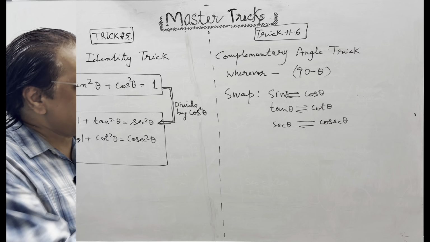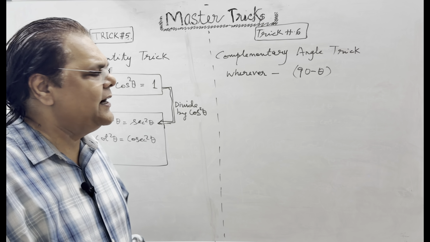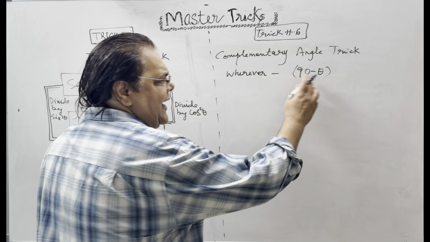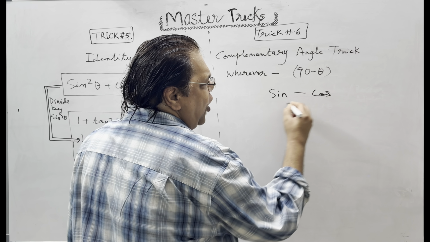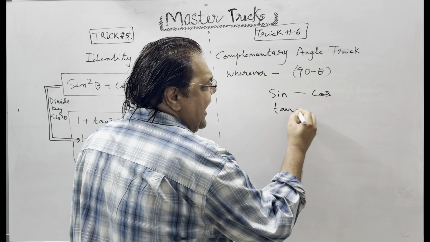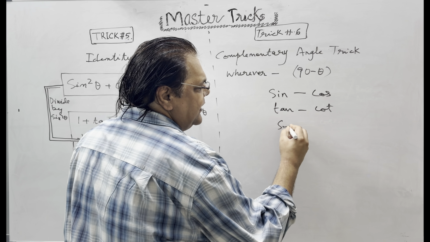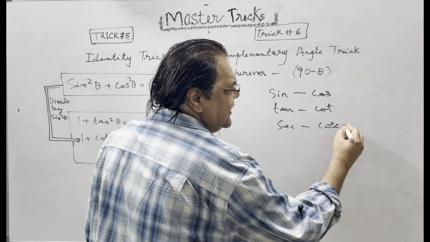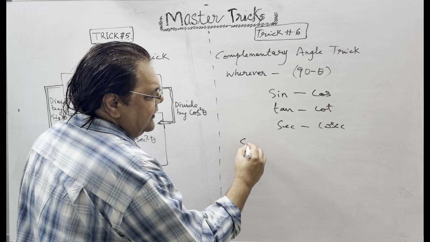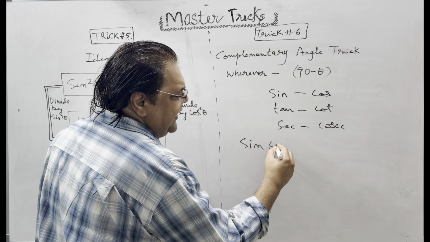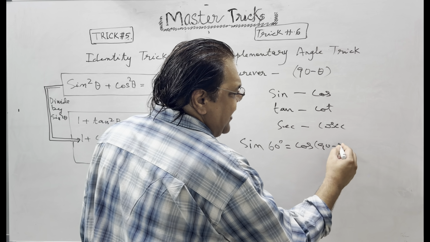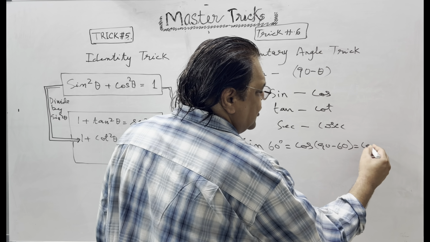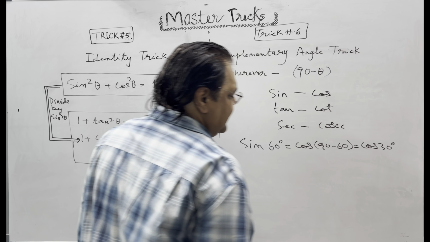Trick number 6, complementary angle trick. Wherever you see 90 minus theta, you can swap sine cos, tan cot, sec cosec. For example, sine 60 degrees is equal to cos 90 minus 60, which is equal to cos 30 degrees.